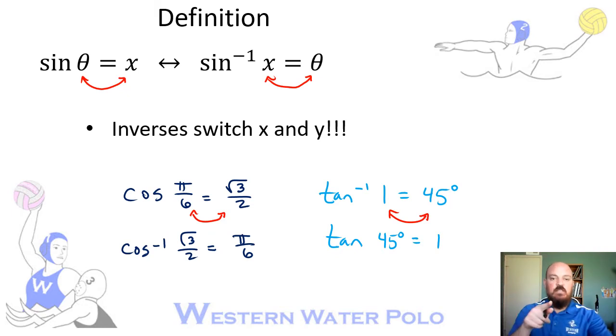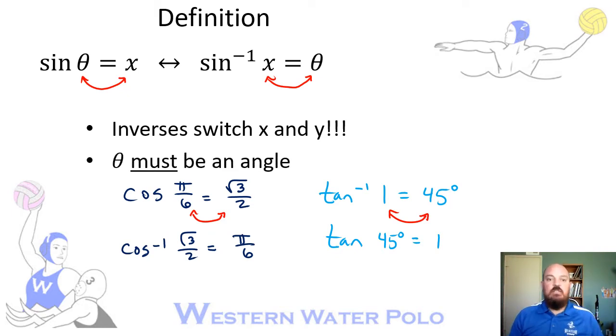Now another interesting thing while I have this one on the board, notice that in that question, theta is an angle. We know it because right off the bat, the first thing I said is sine theta. Whenever you have a trig function, what comes after it is an angle. The reason I pointed that out is because inverse sine of x equals theta. So when you do your inverse trig functions, the answer is an angle.